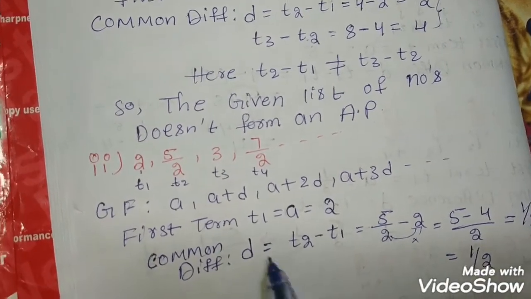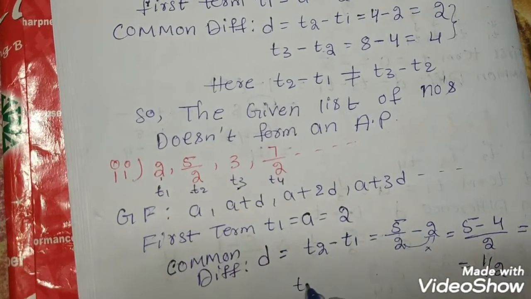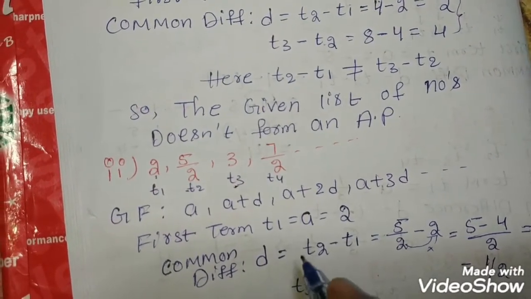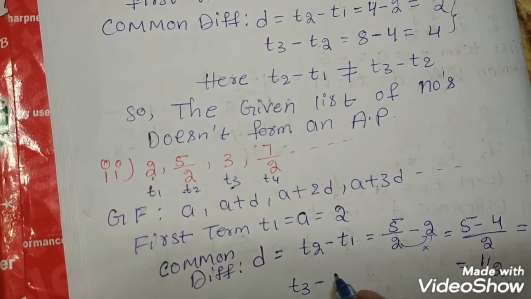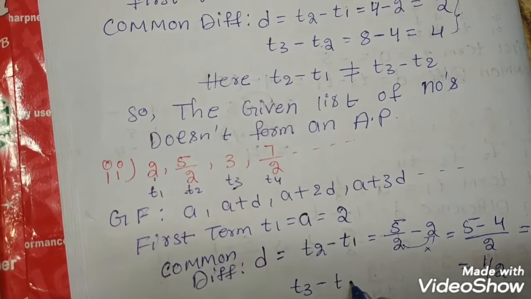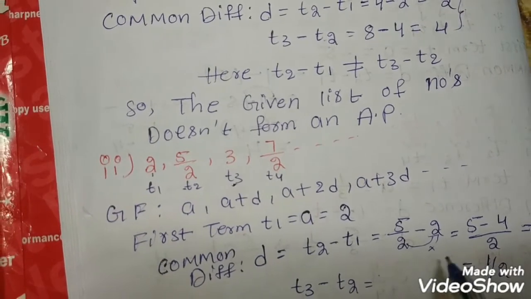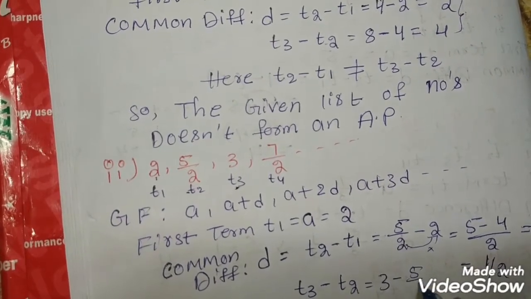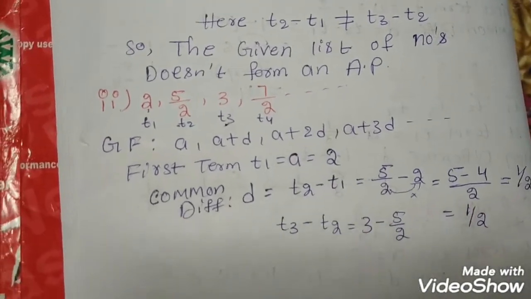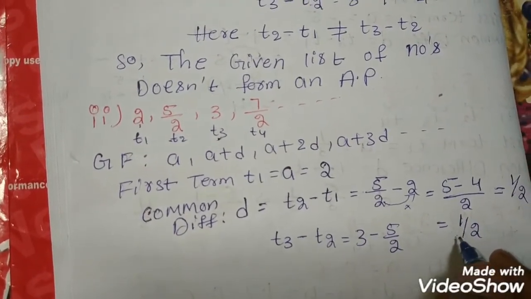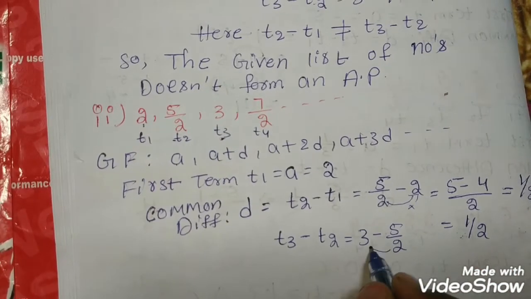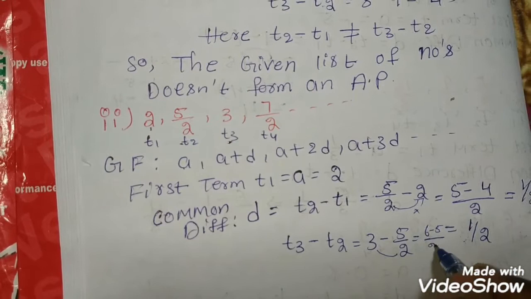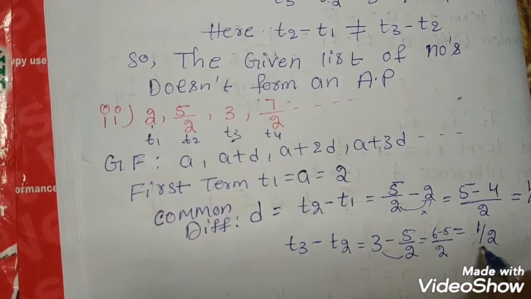If we get T3 minus T2 as the same result, that is 1 by 2, then we can say this series is an arithmetic progression. T3 minus T2 is equal to 3 minus 5 by 2. Check. We get 1 by 2. 2 into 3 is 6, 6 minus 5 divided by 2, we get 1 by 2.